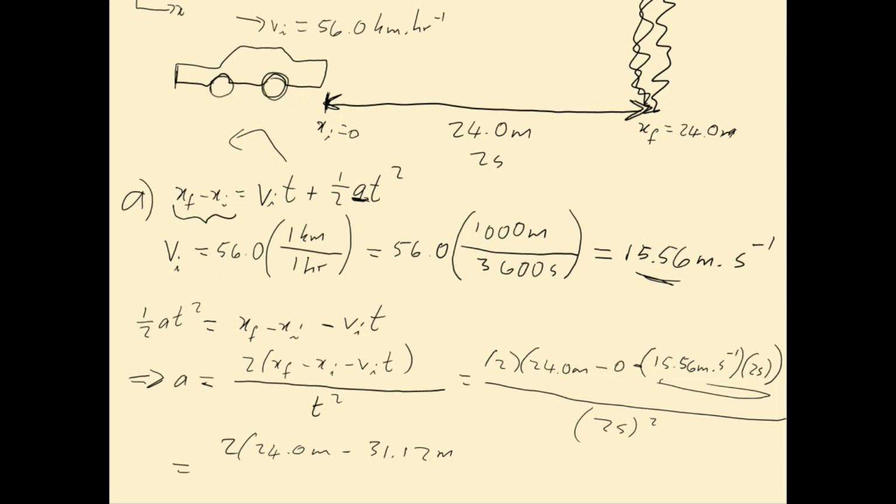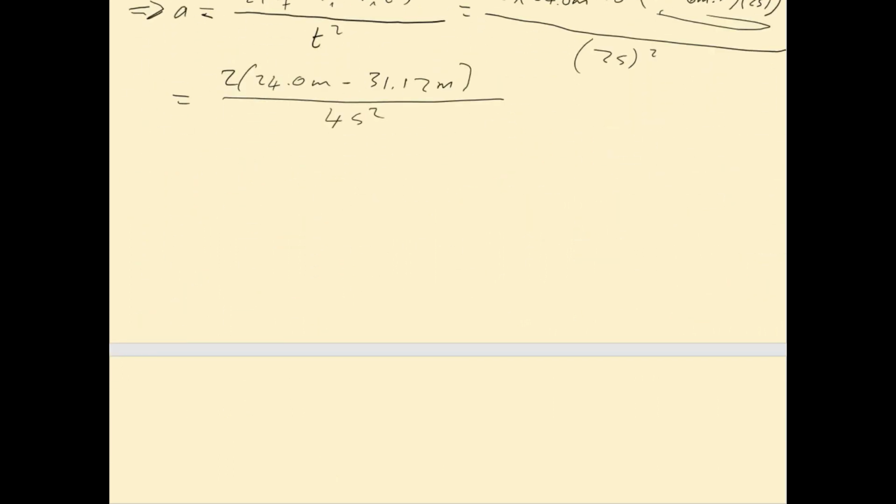Why is it meters? Because the seconds to the minus 1 cancels with the seconds. And all of this is over 4 seconds squared, because 2 seconds squared is 4 seconds squared.